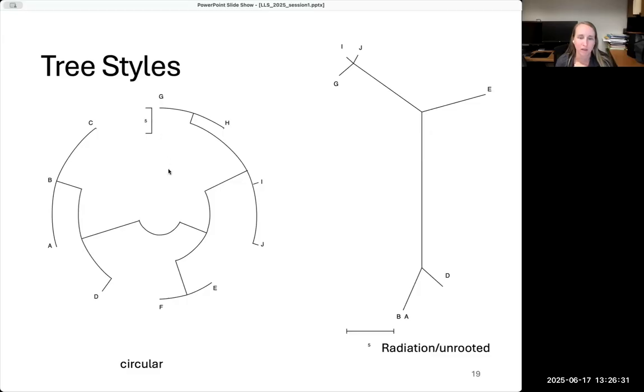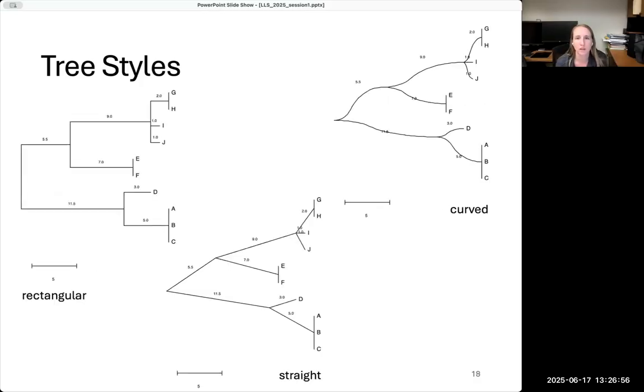But basically, you're reading it exactly like the rectangular version we saw, except this is going to be the root here in the middle. And then sometimes you'll see radiation or unrooted trees. These are not always great because you often end up with things overlapping on them, but these I find easy to see where things branch off because of how it's set up. But yeah, these are all different types of trees you may see. So don't get scared if you see a different one. You just need to read it a little bit differently.